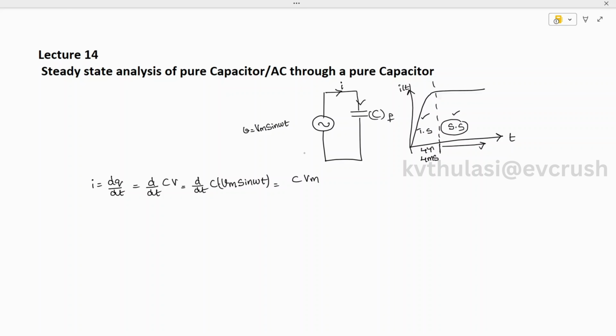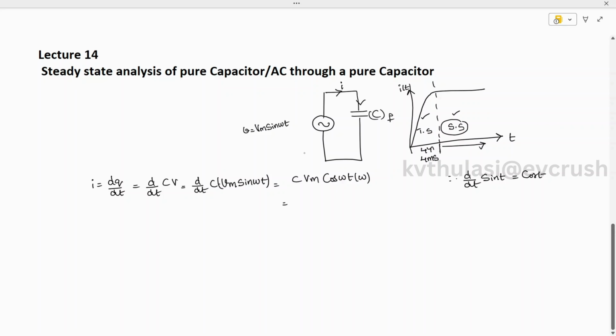From the basics, we already know that the differentiation of sine t is cos t. So c into Vm, d by dt of sine theta is cos theta, and the differentiation of omega t gives omega.